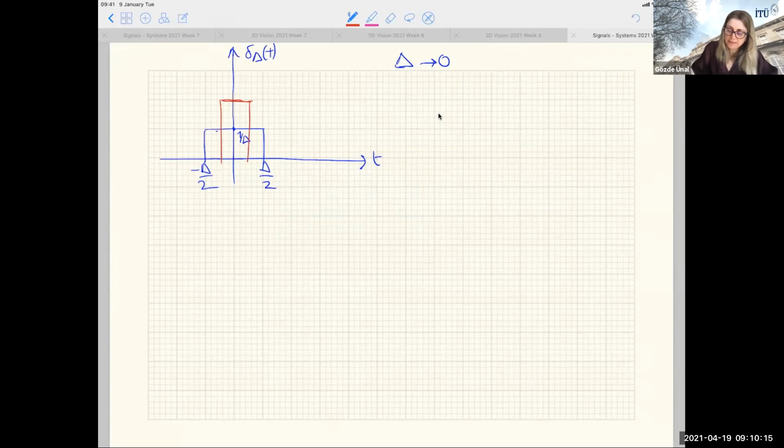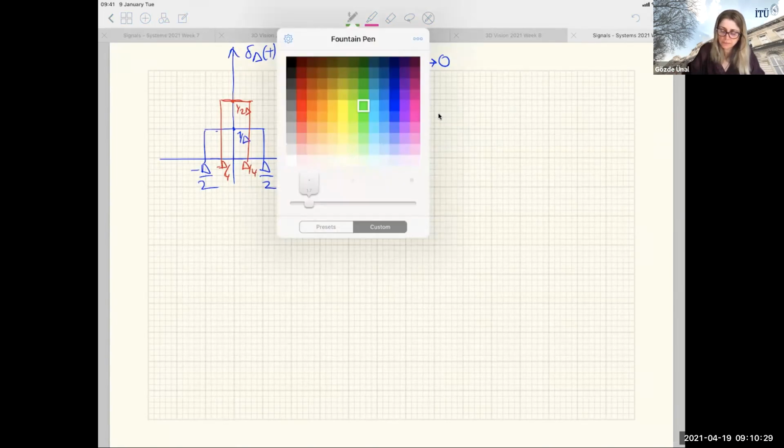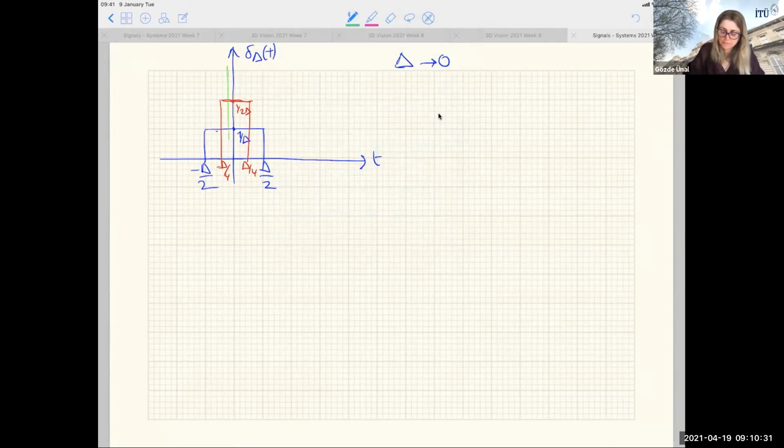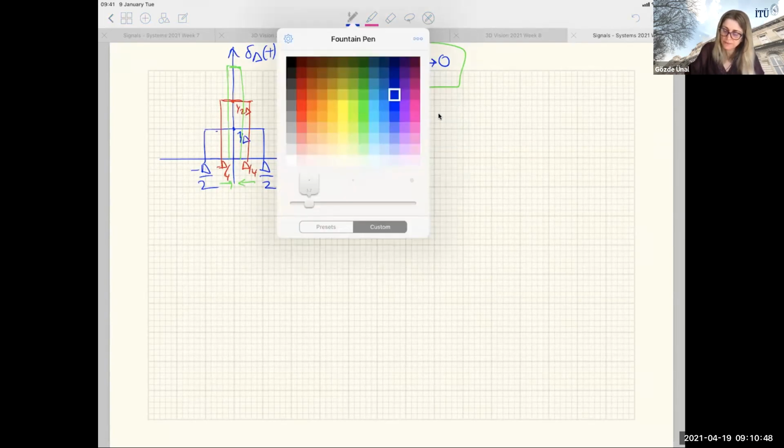So then its magnitude is increasing. Now it's minus delta over 4 to delta over 4, and now I have 1 over 2 delta. I can keep continuing and keep doing this. You see, I'm taking the limit, taking delta to 0. That's what we're doing.